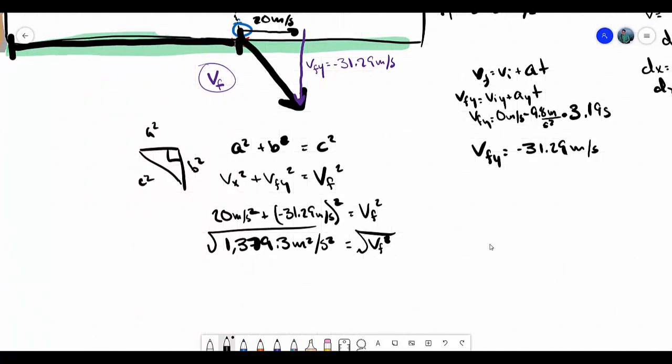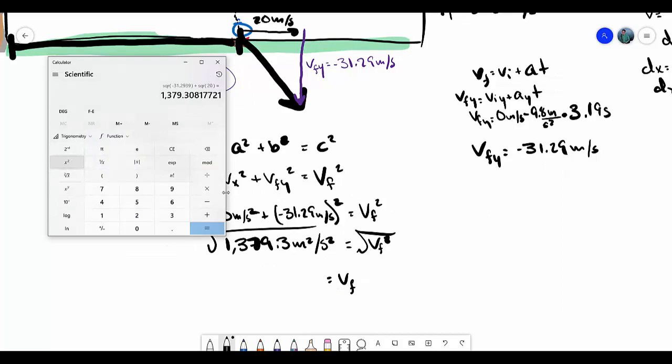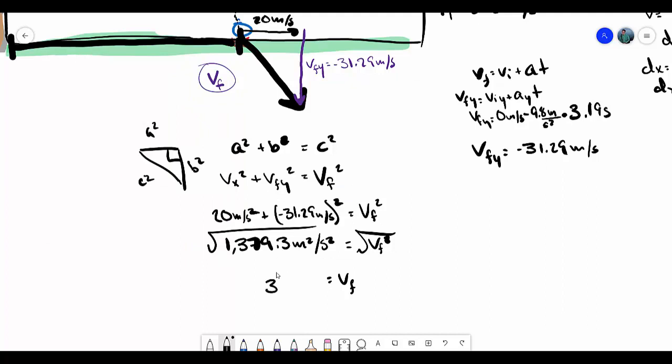Finally, Vf is going to equal 37.14 meters per second. So the final velocity here is equal to 37.14 meters per second.